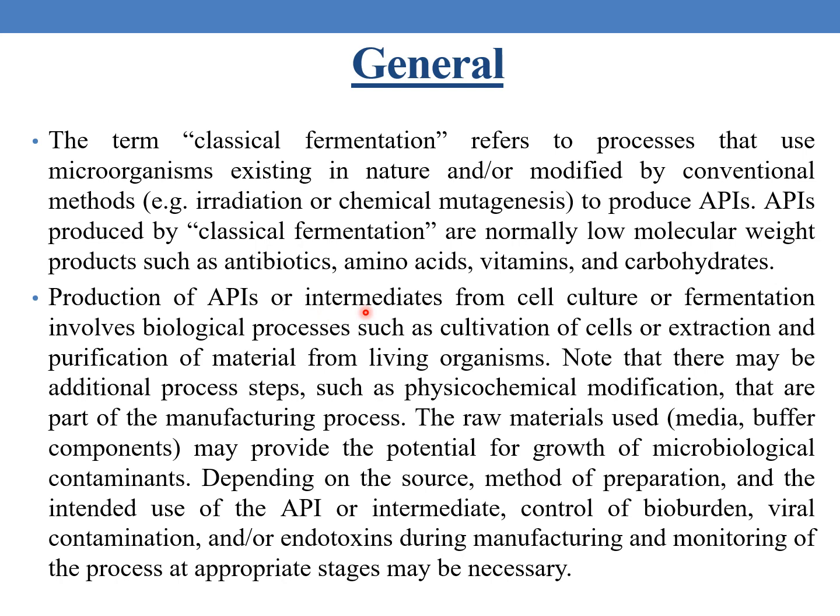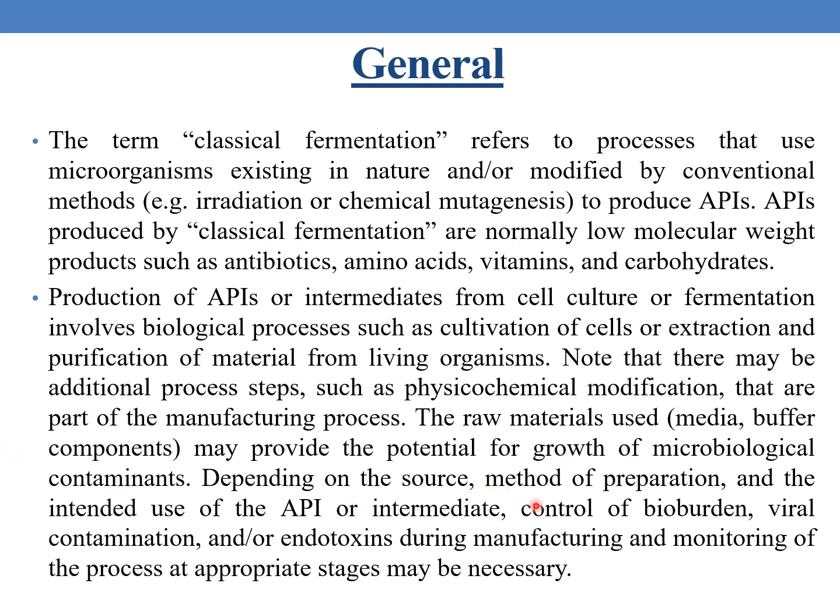The production of APIs or intermediates from cell culture or fermentation involves biological processes such as cultivation of cells or extraction and purification of material from living organisms. Note that there may be additional process steps such as physicochemical modifications that are part of the manufacturing process. The raw materials used, for example media and buffer components, may provide the potential for the growth of microbial contaminants.